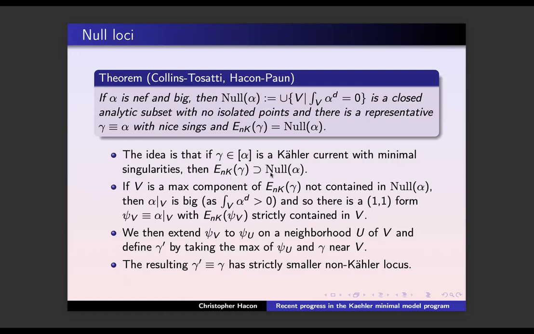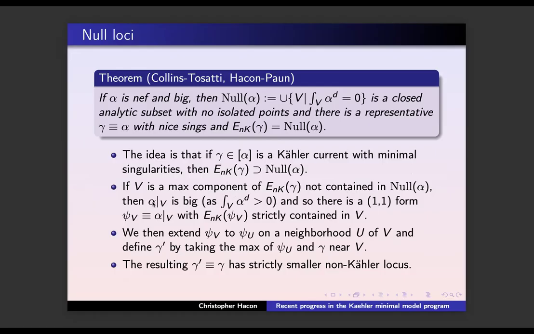It's easy to see that the singularities of this Kähler current have to contain the null locus. Your goal is to show that these two are in fact equal. So you pick a maximum dimension component V of the non-Kähler locus which is not contained in the null locus, and you look for a contradiction.